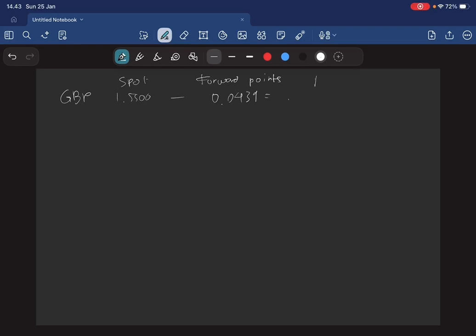So we have the forward rate is equal to 1.5061.